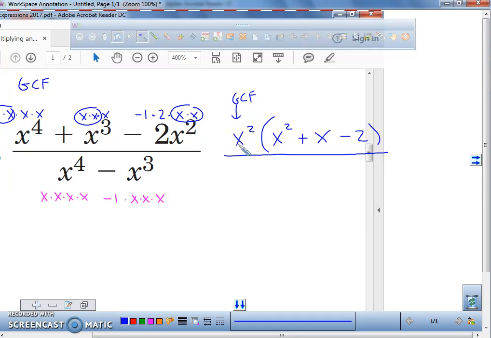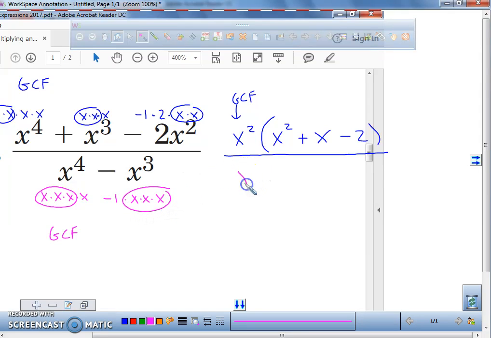Now that you've done that, you're going to look at the denominator. So switching colors. Let's look at the denominator. What's the greatest common factor between an x to the 4th and an x cubed? What's the greatest number of x's being multiplied to each other that we can factor out of both of them? 3 there, and there are 3 right here.